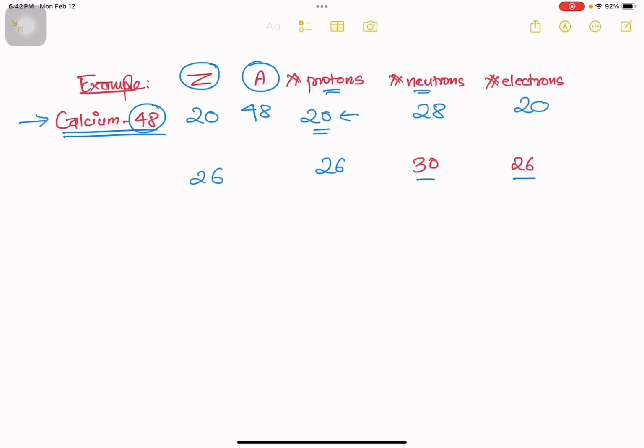Now, the mass number I can find by adding protons and neutrons, and it gives me 56. The number of protons is 26, and as I said earlier, proton is the identifier of the element. Now I will look at my periodic table, and at the 26th position there is iron, and the mass number goes here.